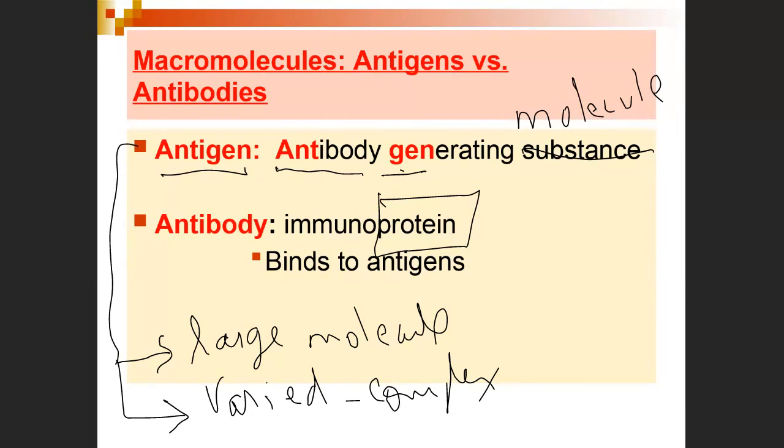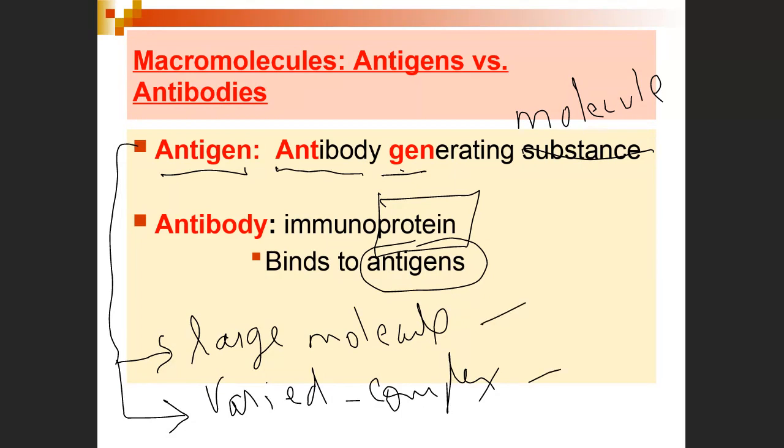That's an important concept too, because we use those in microbiology to identify antibodies. We use anti-antibodies. So antibodies could be antigenic in an immune system that is not the immune system that made them under normal circumstances. Hopefully that's not too confusing. Main thing here, antibodies are large, complex molecules.